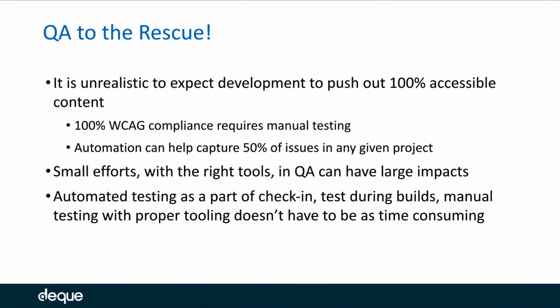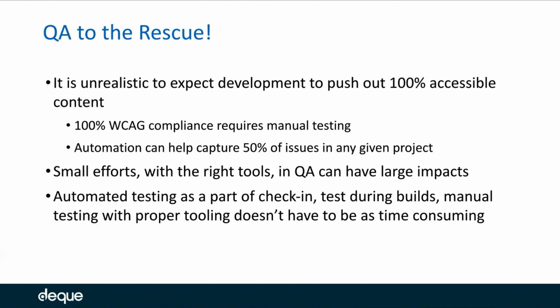That's required. But here again, proper tooling, even in QA with manual testing, small efforts with the right tools in QA can have large impacts. So using things like the browser extension, the WorldSpace Test browser extension that we'll get to in a minute, can empower QA testers, maybe an embedded tester as part of a Scrum team who isn't doing full manual compliance testing, but can still cover a lot of ground with the right tool.